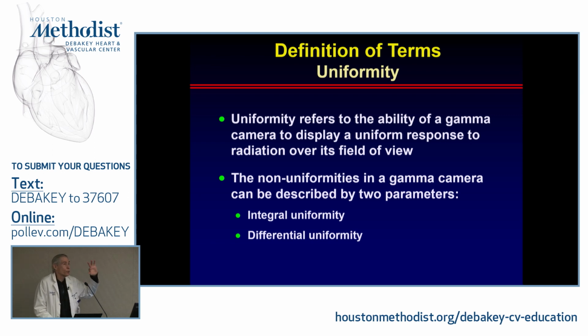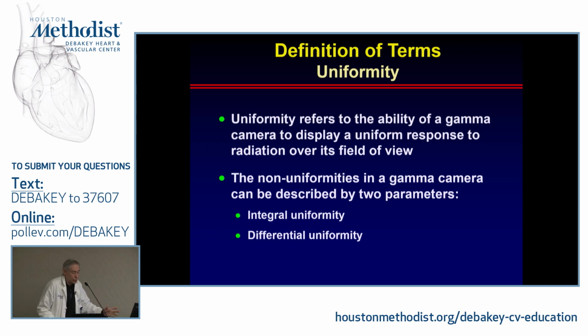So uniformity refers to basically the similarity between all photons that are acquired across the face of a crystal. Okay? And non-uniformity obviously describes the differences that are seen across the face of a crystal.